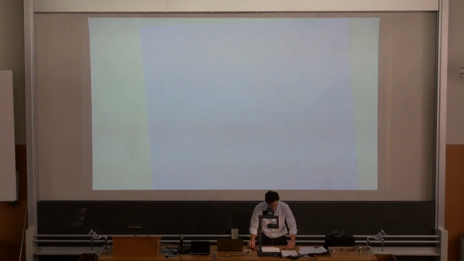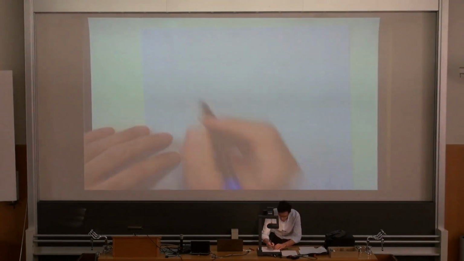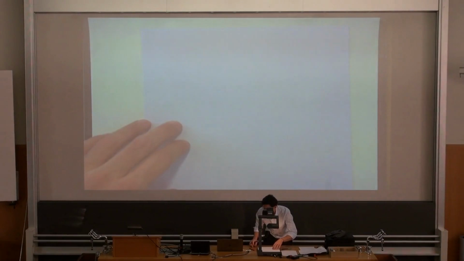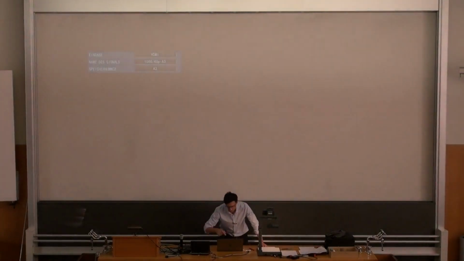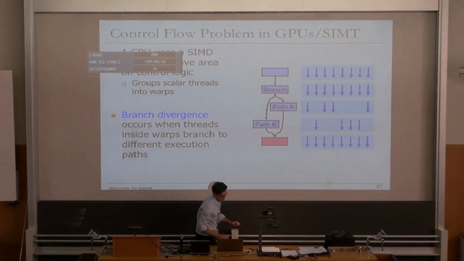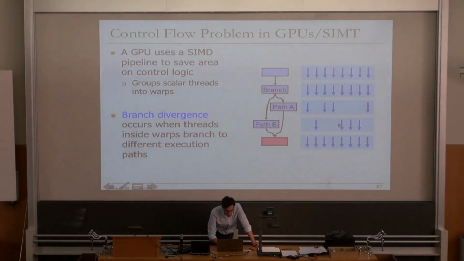In the slide, in our control flow graph, what we have is the branch, and here we have path A, and here we have path B. We can consider that this is a warp, okay? So some threads of the warp will go through path A, other threads will go through path B.